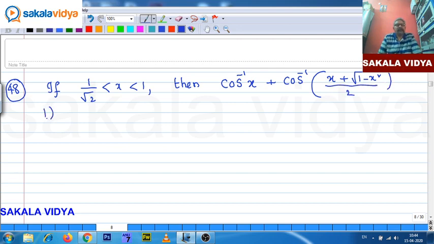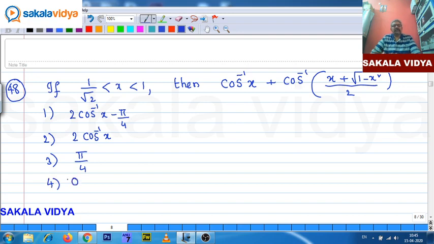First option: 2 cos inverse x minus pi by 4. Second option: 2 cos inverse x. Third option is pi by 4. Fourth option is 0. This is the question.